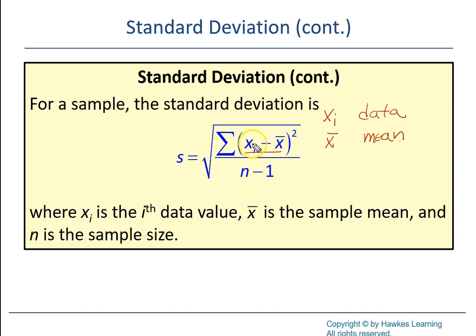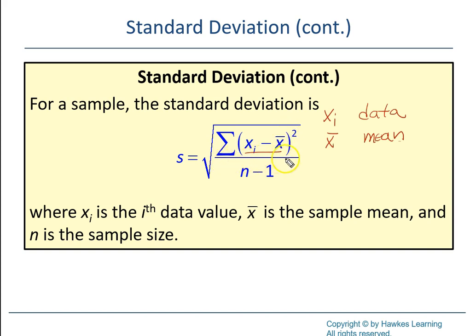So what we're doing is we're looking at that specific item of data, and then we're going to subtract it from the mean. Now, in some cases, it'll be more, and that'll give you a positive value. Sometimes it will be less and give you a negative value, but you're going to square that. And you do that for all your terms. So all of these numbers always end up positive.